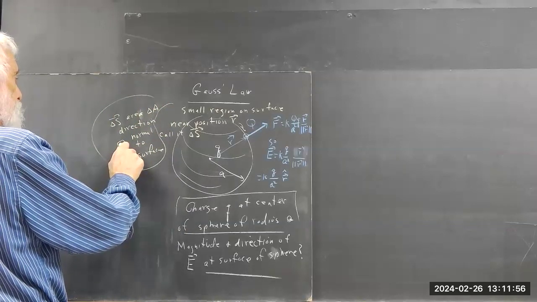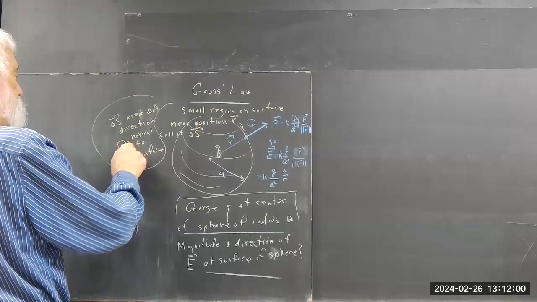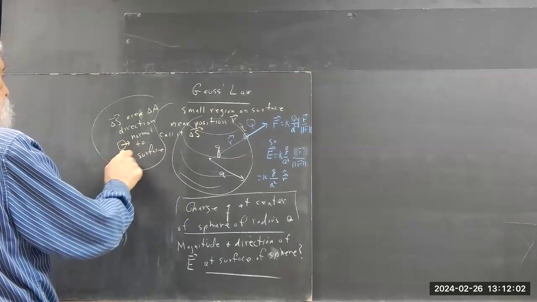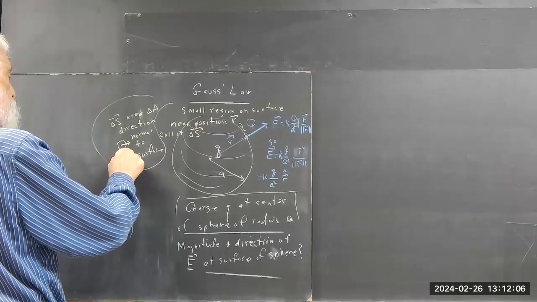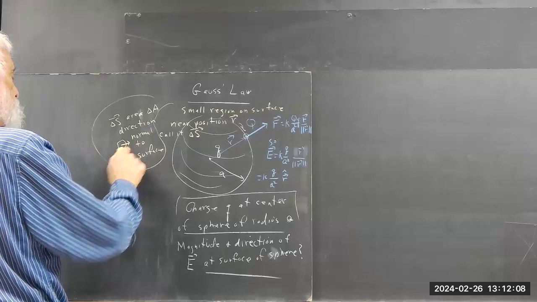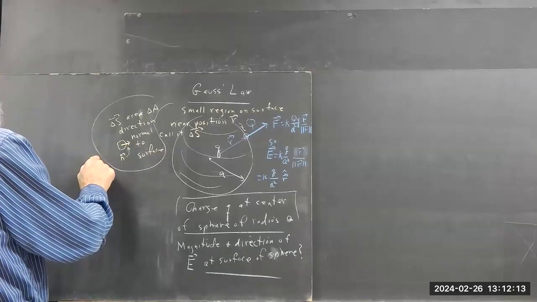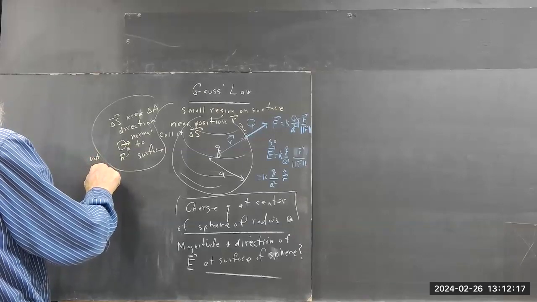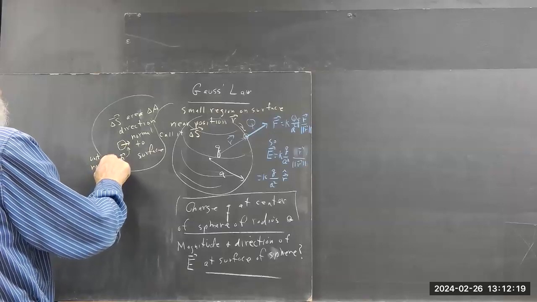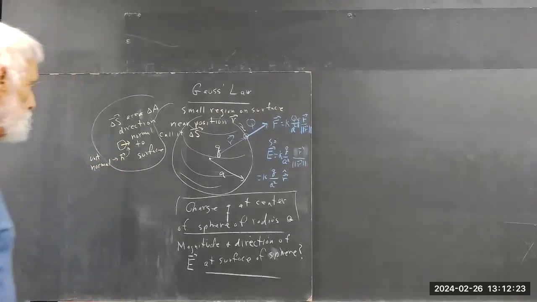So now we've got a delta S, and you've got a normal vector. We'll make it a unit normal.